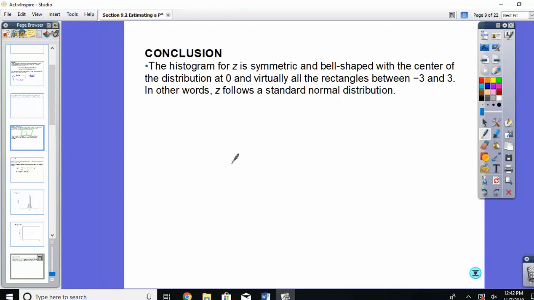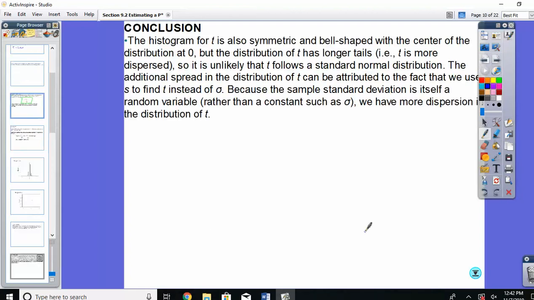So what we see is Z is our standard normal. Pretty much everything was between -3 and 3, centered at 0. But when you look at t, it went from -10 all the way to 10. It's still symmetric and bell-shaped, but it's more spread out, so it doesn't really follow the true normal distribution.